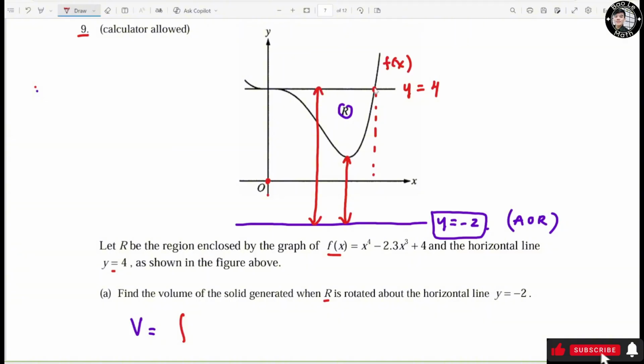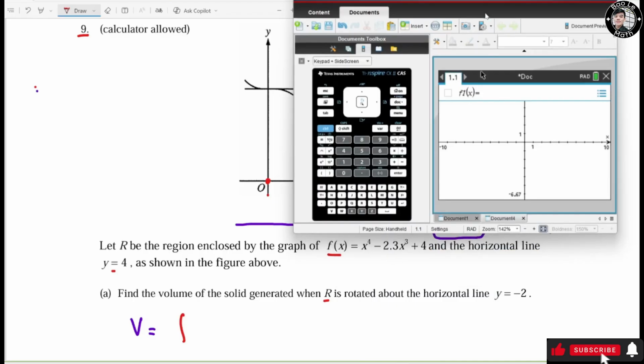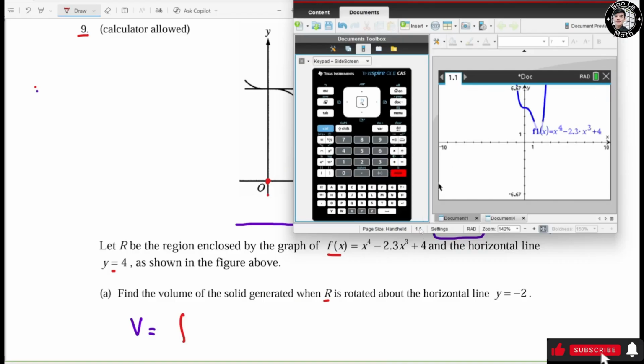So we need to find the intersection between this function and this line. Now we need to bring up the calculator. Add graphs right here. The first one, we need to input the function f of s. And the second one, y equals 4. So you're gonna hit tab, hit 4, press enter.